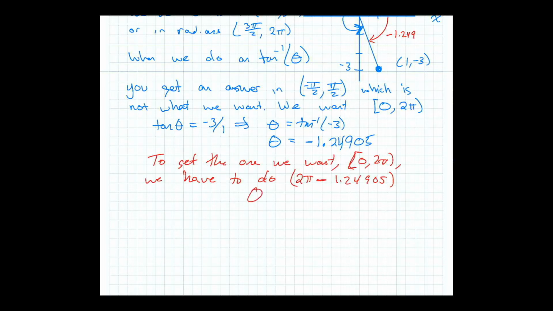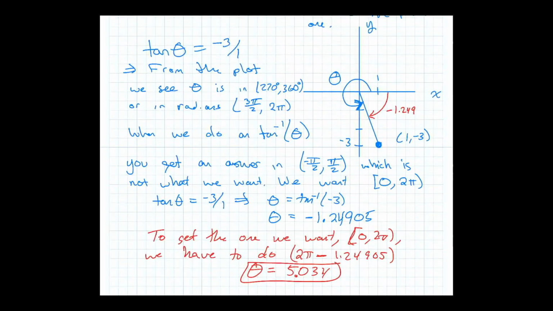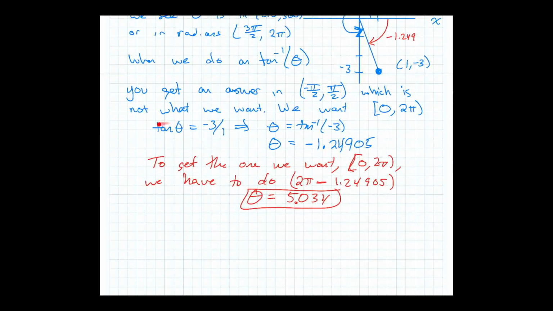And I get that theta is 5.034. Okay. Now, depending on what quadrant you're in, right? You could be in quadrant 1, quadrant 2, quadrant 3, quadrant 4. Basically, what you have to do is after you do this tangent, you get a number.